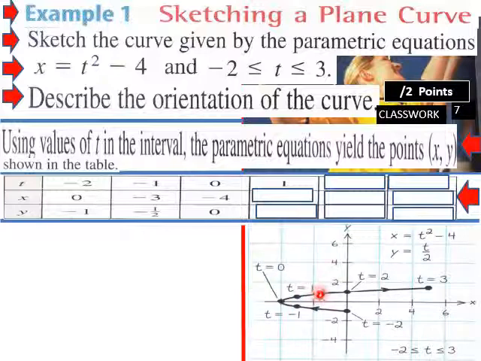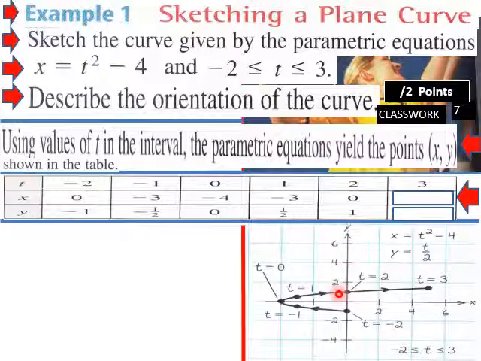T equals 1, which would be about here, you would have x equals -3 and y equals 1/2. When t equals 2, which is here, you have x equals 0 and y equals 1. And when t equals 3, which would be over here, you have x equals 5 and y equals 3 over 2.